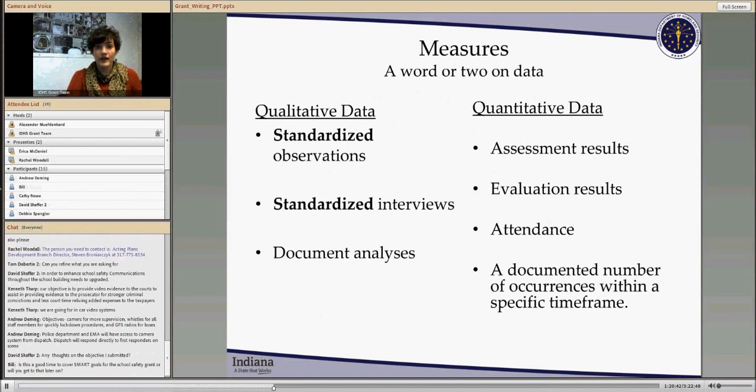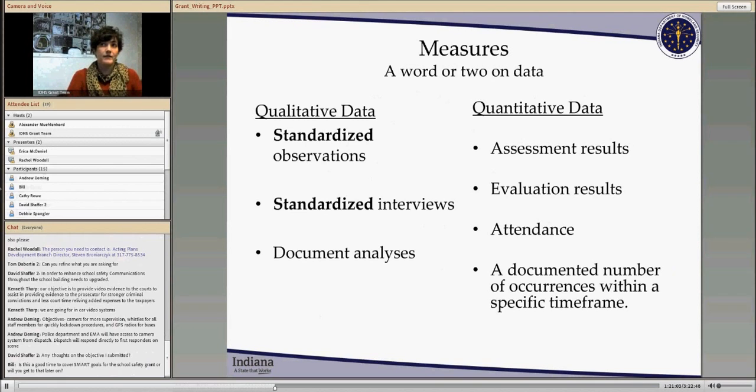And that can be very important. That's a lot more important than anecdotal evidence of, well, gosh, it seemed like they knew what they were doing. Having those standardized observations and interviews is data that is helpful and is very important that you could use for your measures. The same for document analysis.